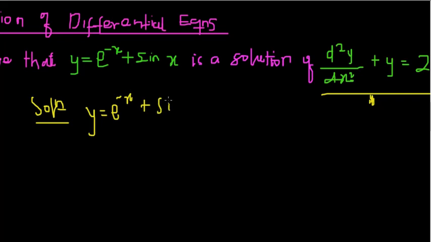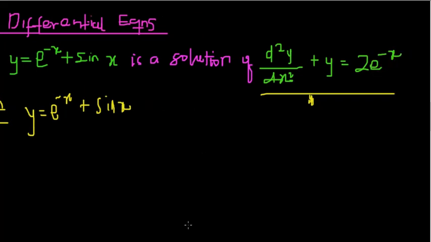From this differential equation, we could see that we have the second order differential equation over here, and then we have our y. We don't have our first order, we just have a second order, and the degree is just 1.